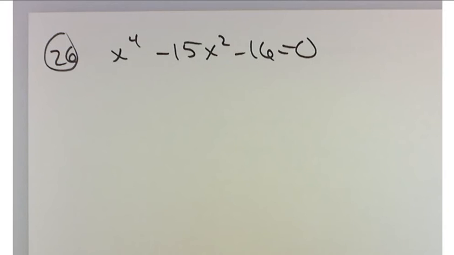That's okay. And then just go back and say, all right, well, u equals x squared, so x squared equals 16, or x squared equals 1.